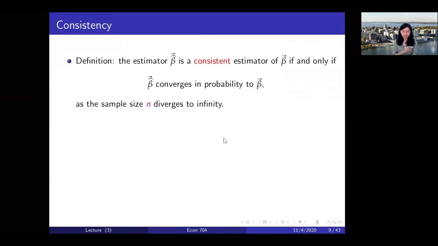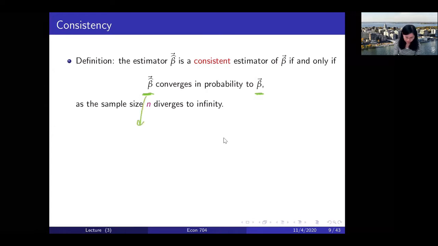And in the first part of the course, we focused on a scalar estimator for a scalar parameter. Now we have a vector estimator for a vector parameter. Then what does convergence for the vector mean? So that simply means the convergence of each element of the vector.